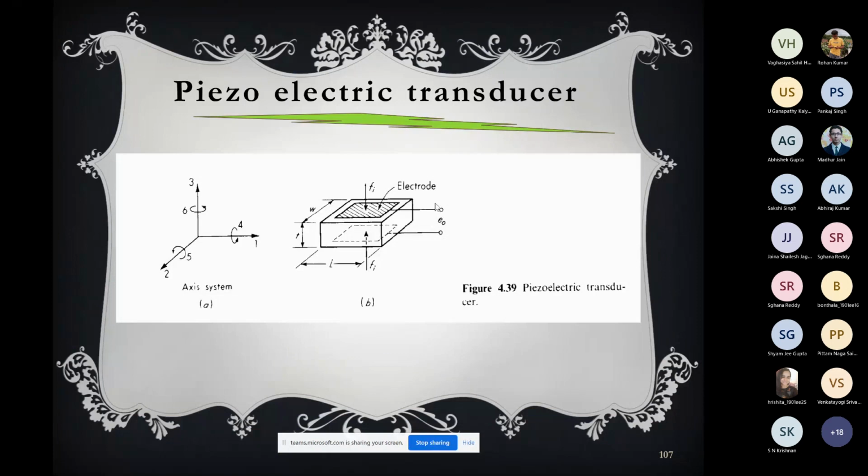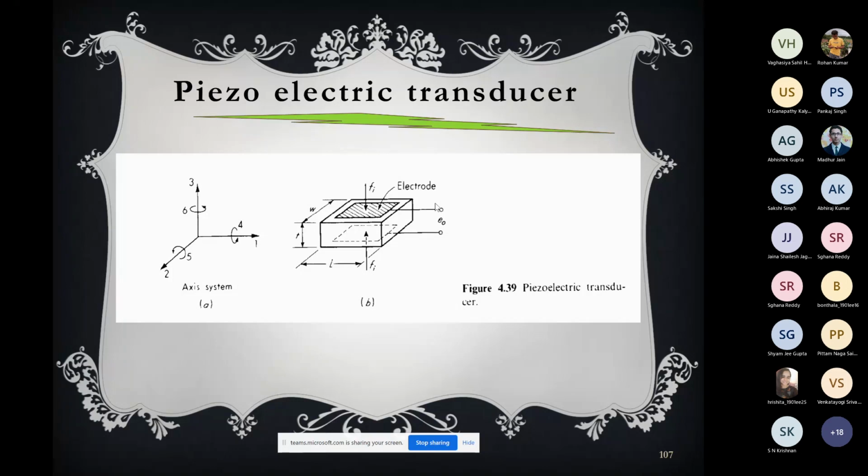The electrode must be compliant. What does it mean? Suppose you apply some electrode and then you are deforming the material. If the electrode is on the surface of the material and you deform the material by applying force or pressure, the electrode can also be deformed, and as a result a discontinuity can happen in the electrode, and if a discontinuity happens in the electrode, you will not get any output voltage.